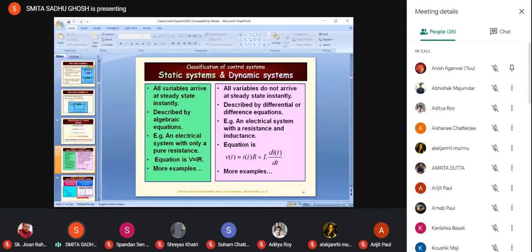On the other hand, if along with a resistor I have an inductor as well, then I have to describe the dynamics of the system by using the equation that you see there: V equal to IR plus L di/dt. Of course, I and V are functions of time, so those are indicated in the equation on the screen.